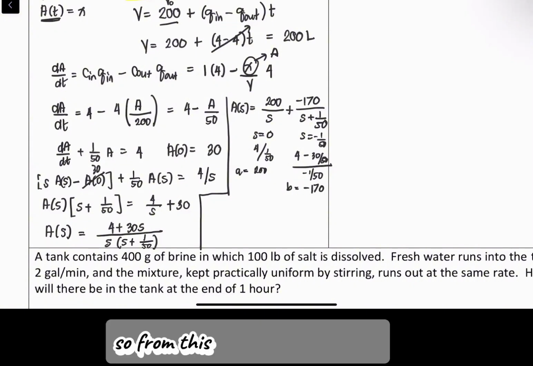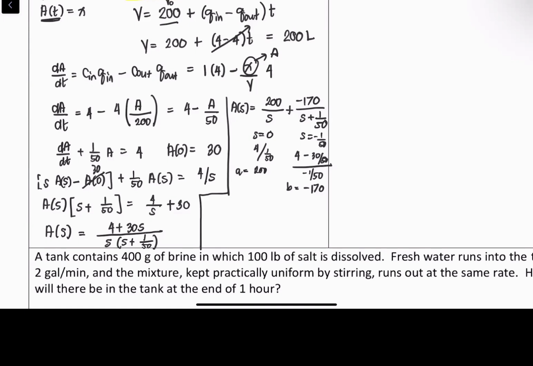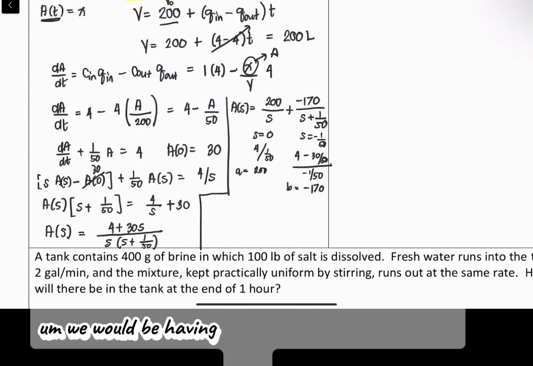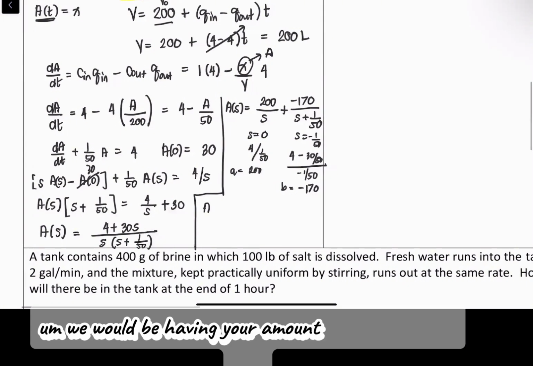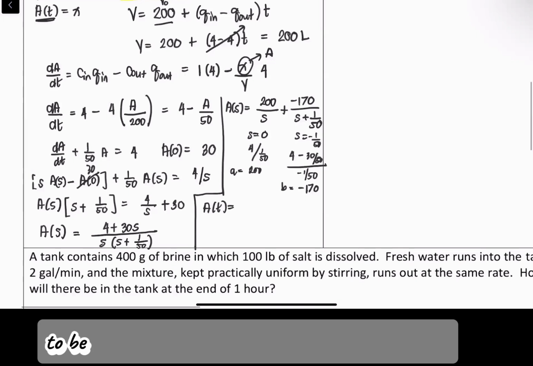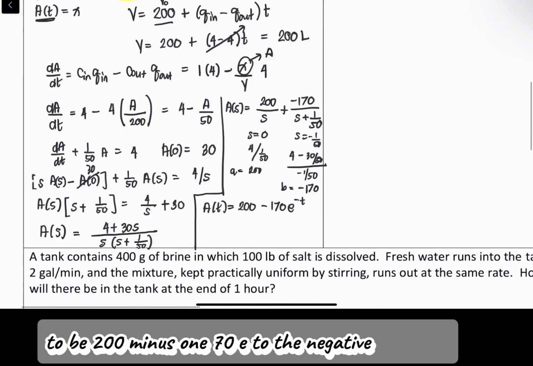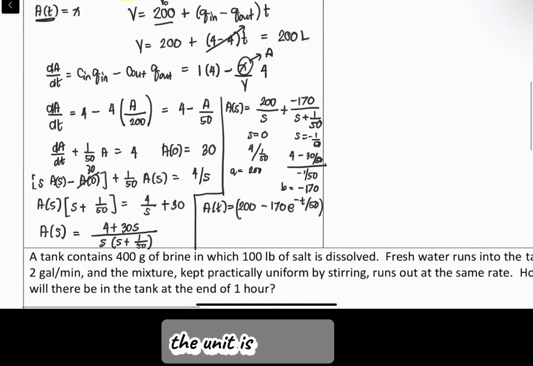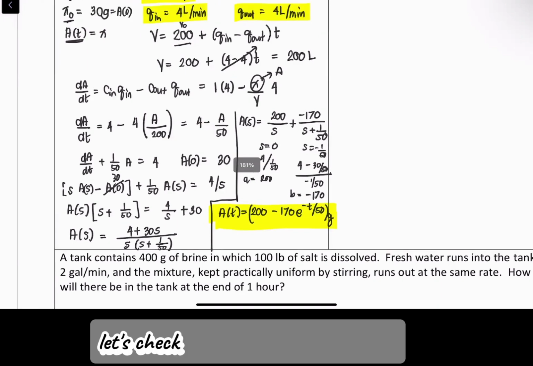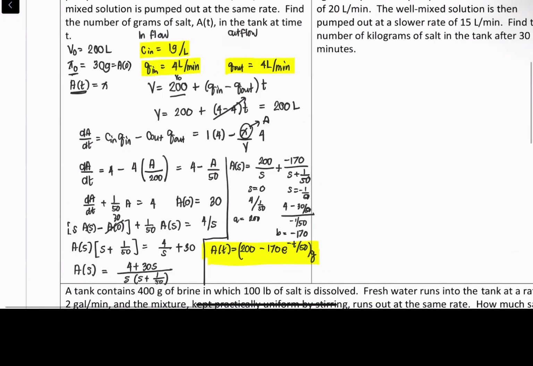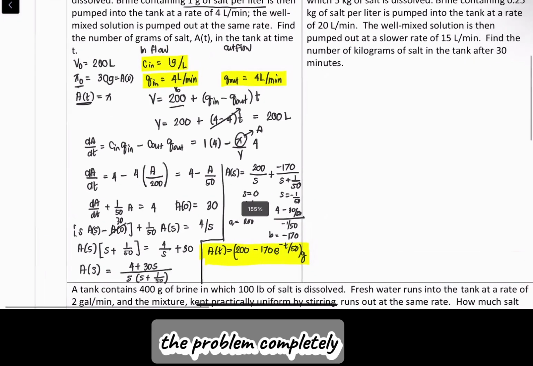So from this, you can observe that we would be having your amount as a function of time to be 200 minus 170 e to the negative t over 50. The unit is in grams. Let's check whether we have answered the problem completely.